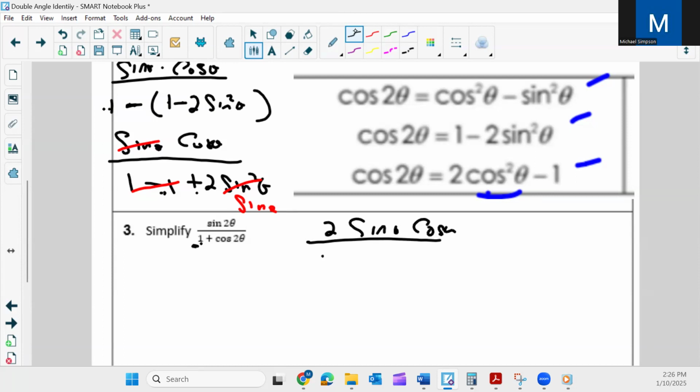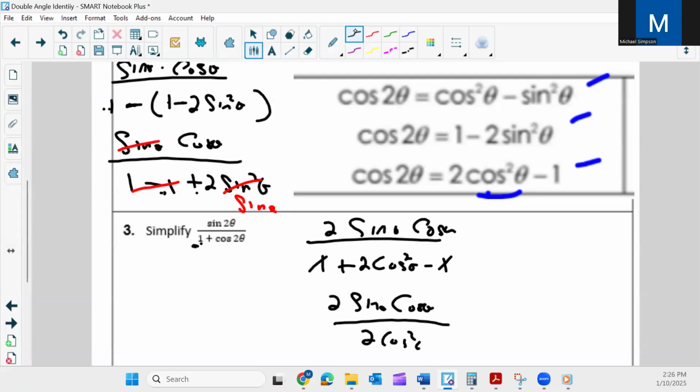So I'm going to use 2 cosine squared theta minus 1. Okay? All right, the 1 goes away. Now I'm left with 2 sine theta cosine theta over 2 cosine squared theta. And that you can simplify, right?